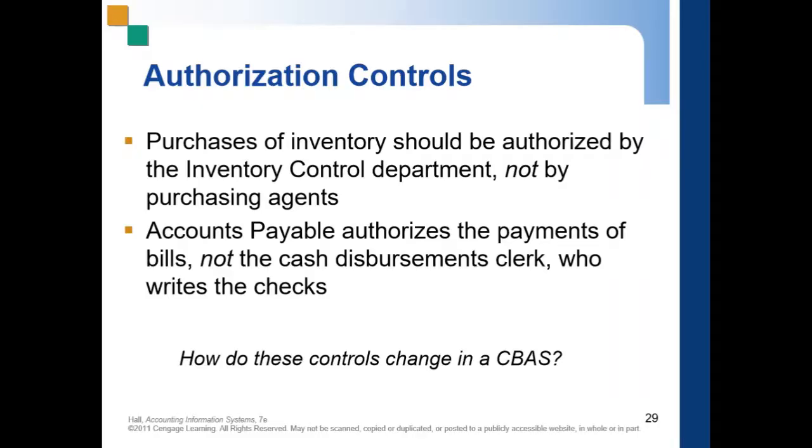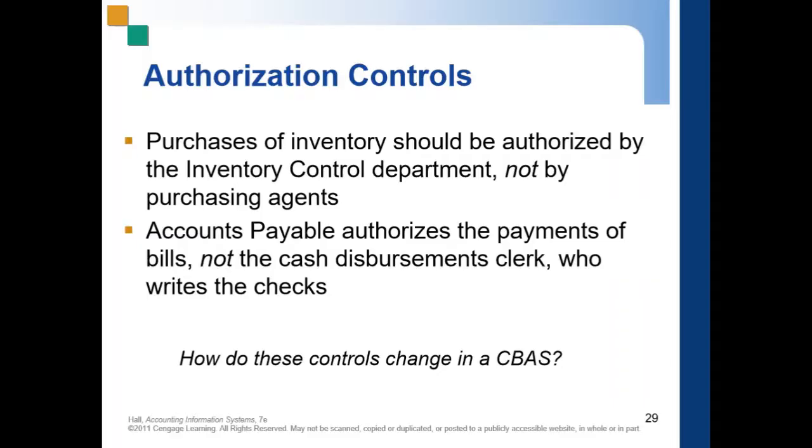Because if the cash disbursement clerk will authorize the payment, she can then write her own check and authorize it. So, she can write a check for herself, right? She authorizes, and she also disburses or writes the check. So, meaning, the authorization control is gone.